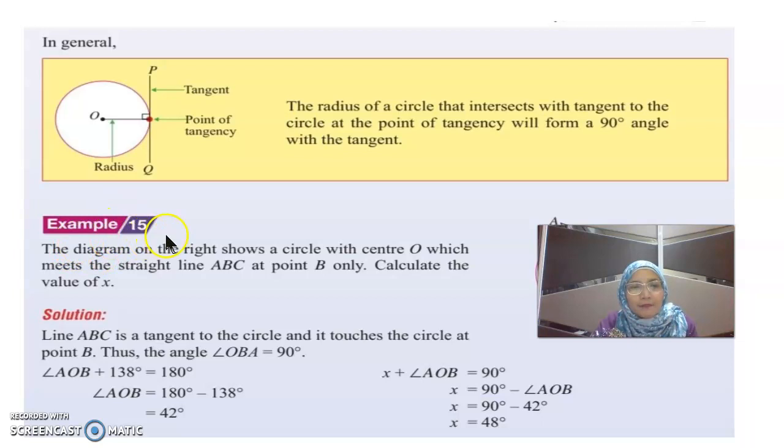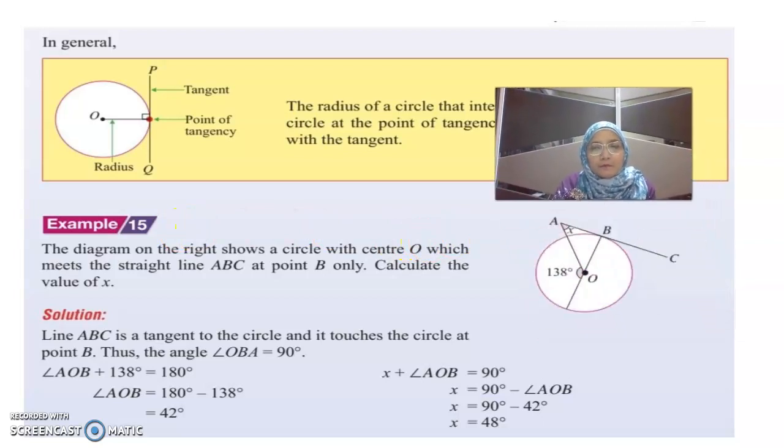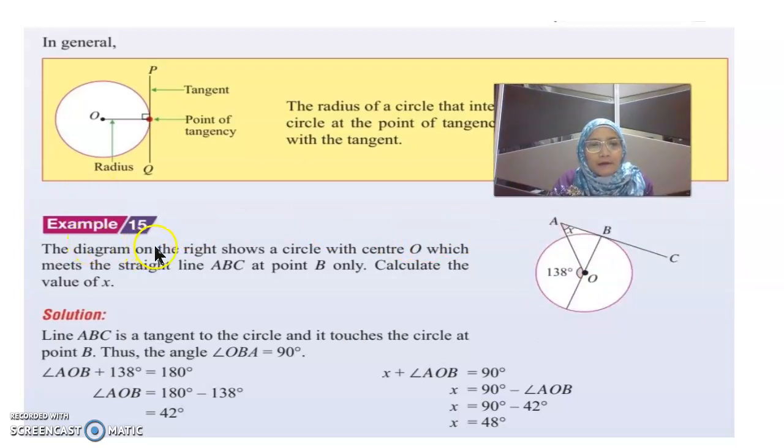Look at example 15. The diagram on the right shows a circle with center O, which meets the straight line ABC at point B only.